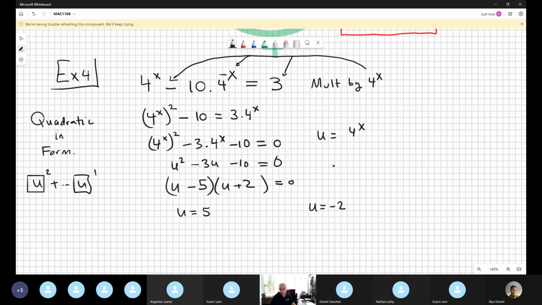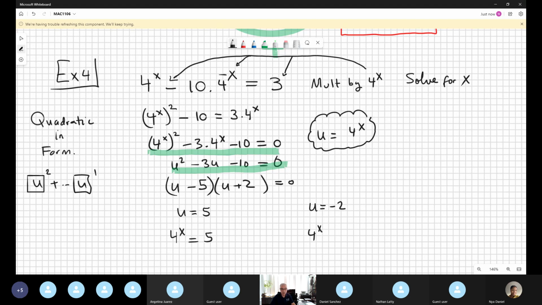And is that the answer? Of course not, because I need to solve for x. The u helped me convert this complicated equation into an easy equation. However, the connection between u and x is this. So basically, I copy no u anymore. I copy 4 to the x equals 5, and 4 to the x equals minus 2.